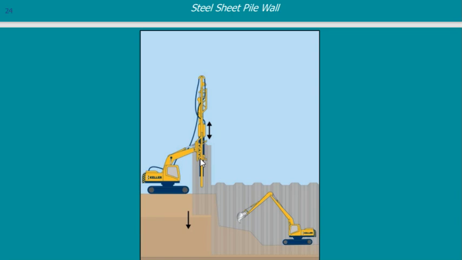But once I finish everything, what am I going to do with this steel? If I leave it in the ground, it will be a waste of money, it will rust, it will cause problems. I remove it again and use it in another site. So making it of steel is a benefit because I can use it in many projects, not just one project, and it is just pieces.